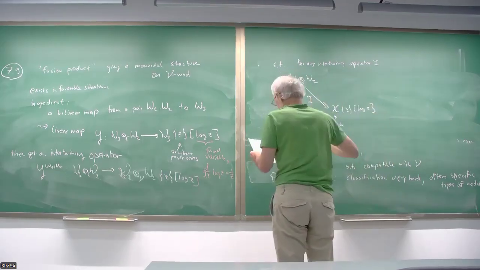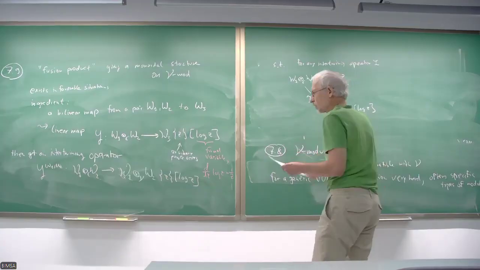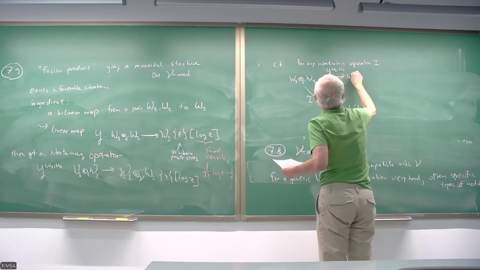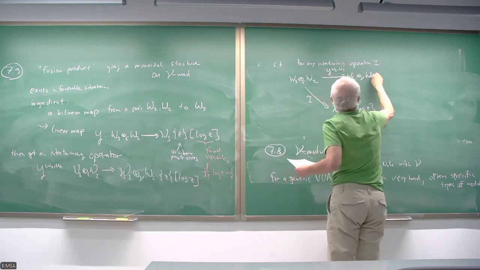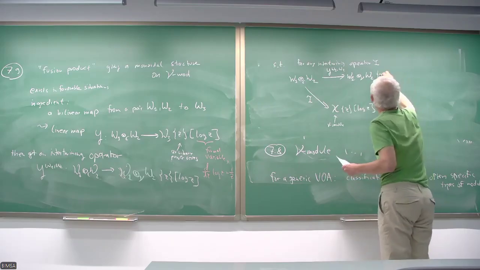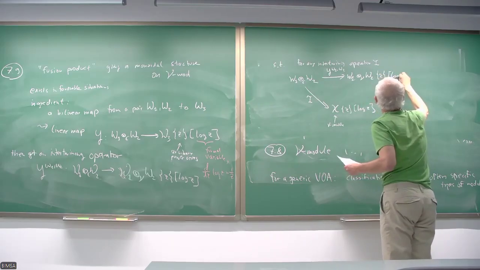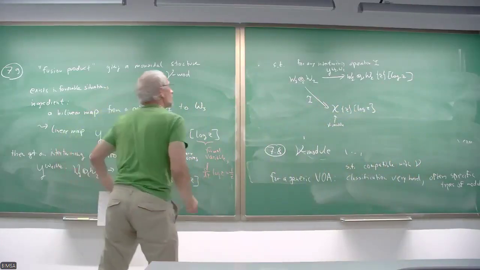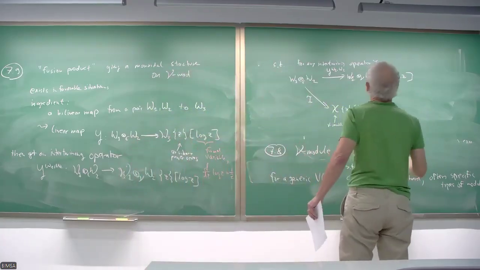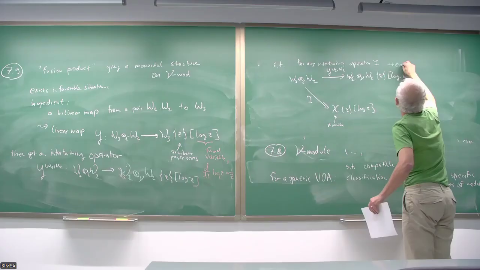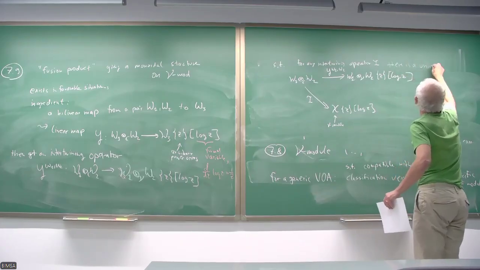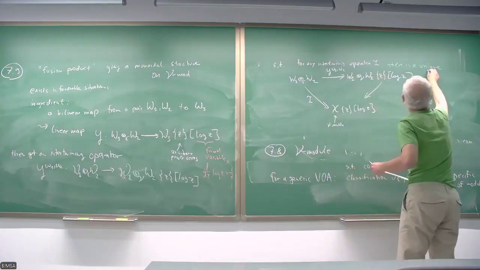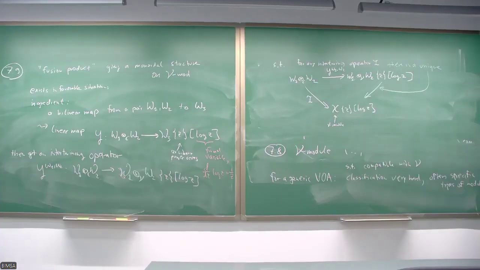This is now I, and then I have this Y of W1, W2, this tensor product, such that there exists a unique morphism, an intertwiner, from this tensor product.